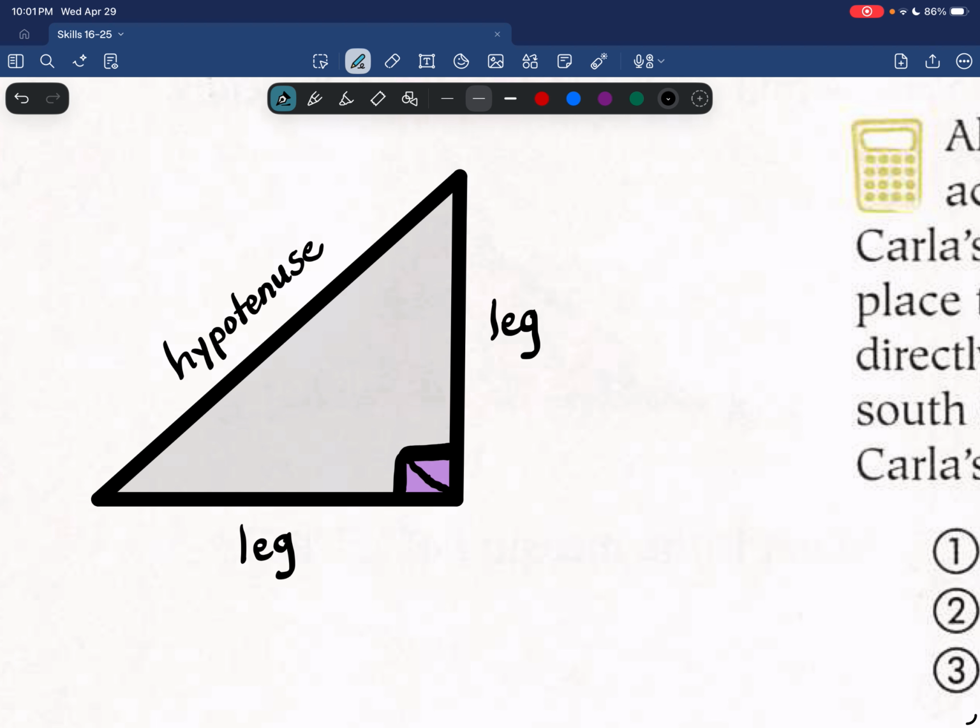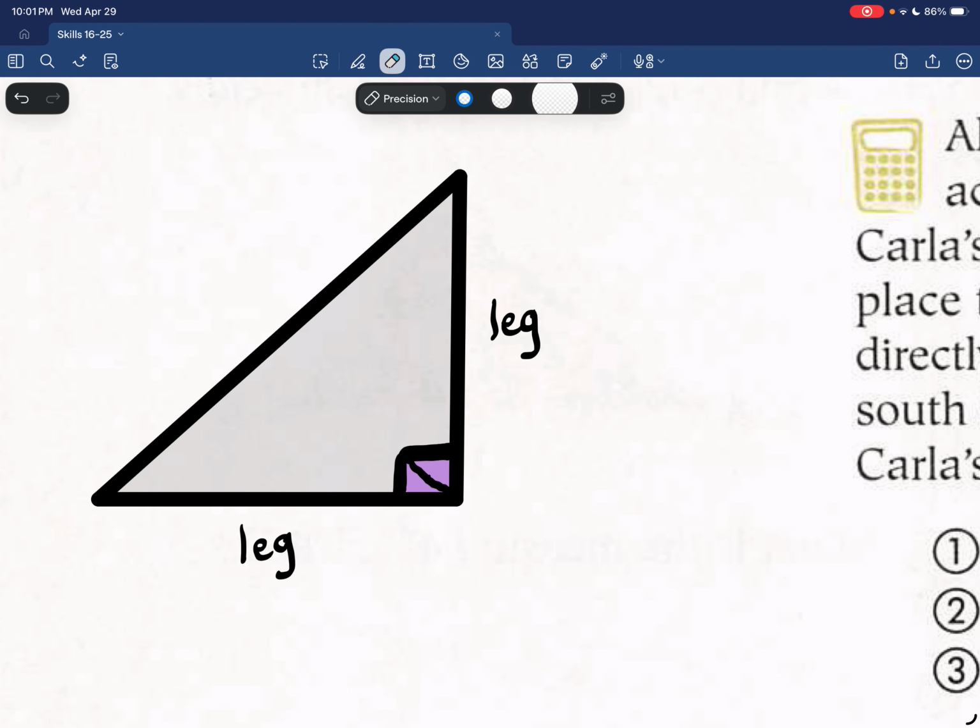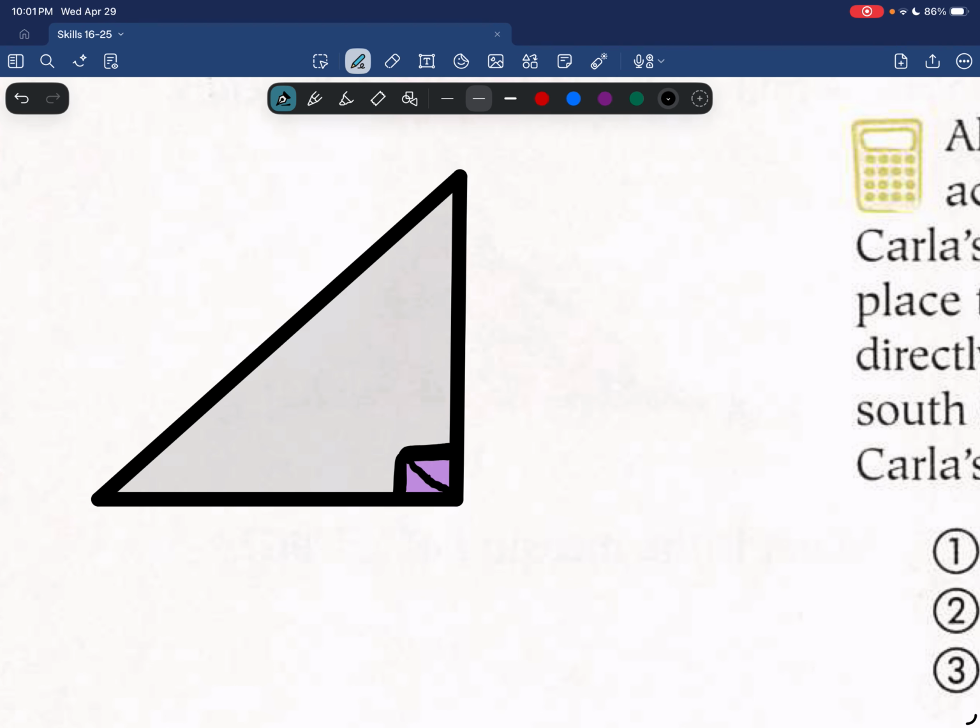So here's basically what Pythagoras was thinking. We'll come back to those terms, but let's do our own little story about this. Let's suppose that I live here and that I work over here.